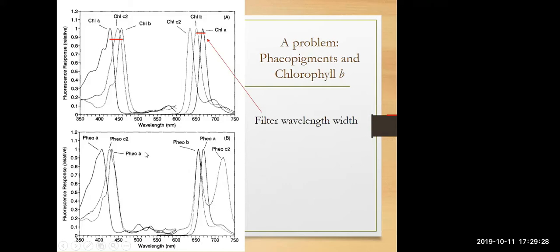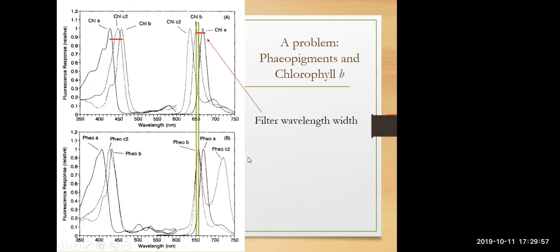Here below, we have the same for pigments, and you will see, for example, that the maximum emission of chlorophyll B is almost at the same wavelength as the maximum emission of chlorophyll A, and likewise for the other pigments.